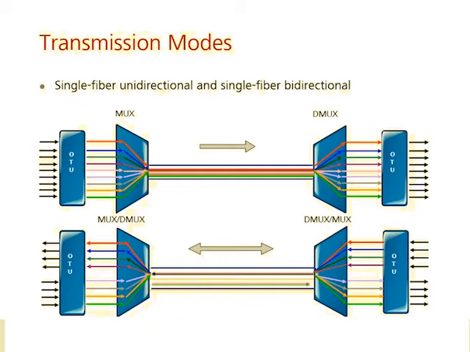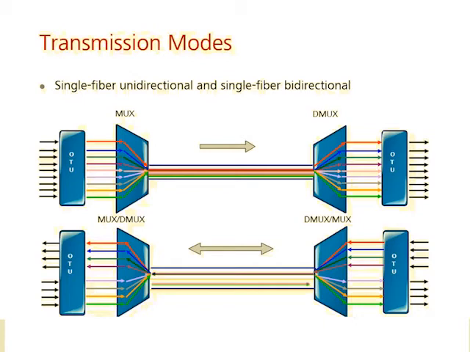Otherwise, they will affect each other. So you should know one thing: in the same fiber, you cannot use the same wavelength to carry different services. Different service means different direction, different customer service. So single fiber unidirectional and bidirectional will be like this way.